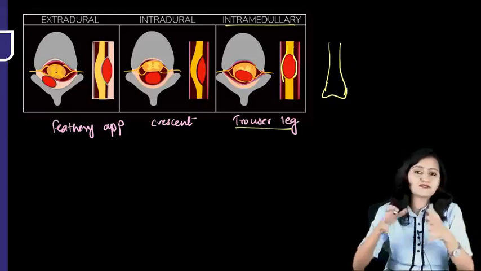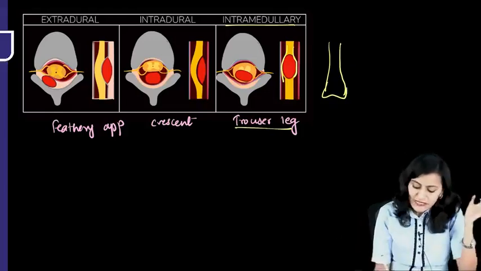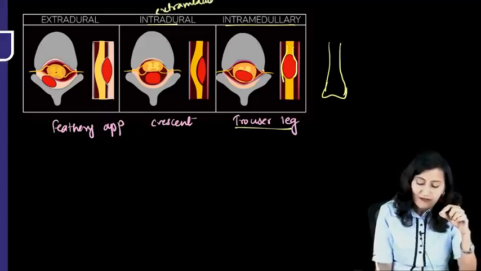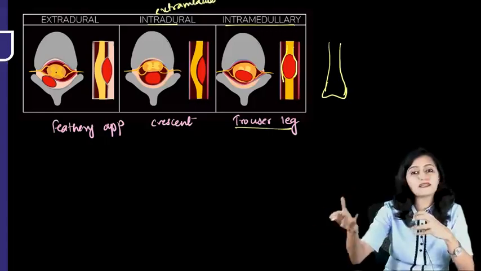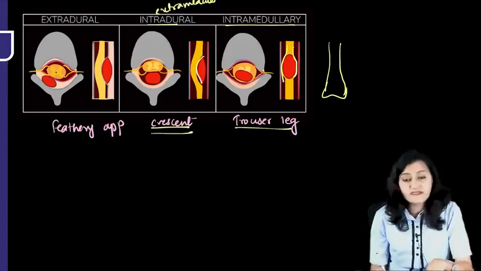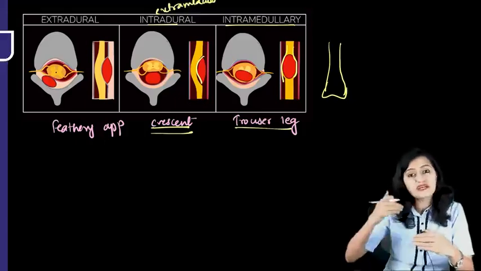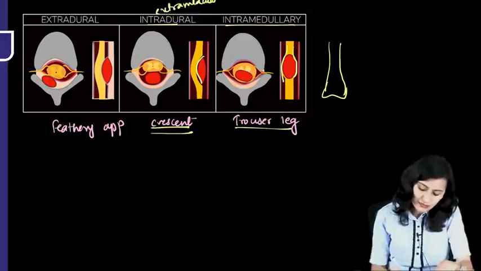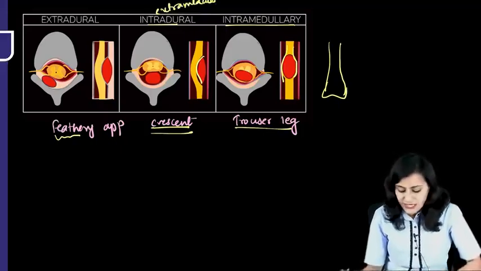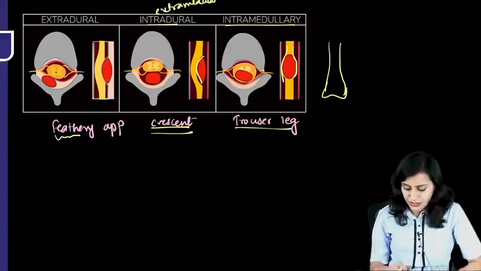If it is intradural but extramedullary tumor, which is outside the cord but inside the dura, that gives the crescent sign. And the extradural tumors, the outermost tumors, give the feathery appearance. So these are the various appearances that we should know here.